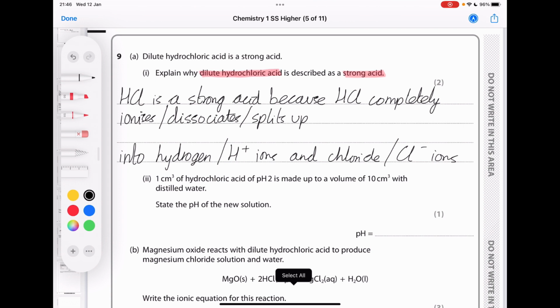You didn't actually need to mention the chloride or Cl minus, but it's a good idea. But the key point is that acids produce the hydrogen or H plus ion in water, and the strong acids completely split up, so there's no undissociated acid left. It's all hydrogen or H plus and whatever the negative ion is.